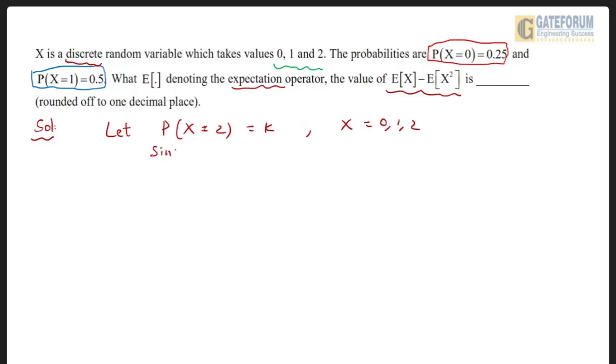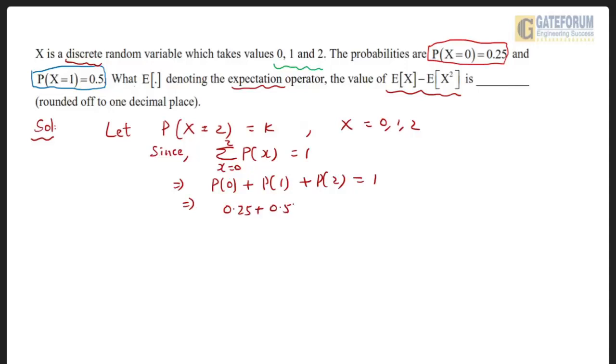Since summation of P of x, because for a discrete random variable our notation is sum of all; in a continuous random variable we have to integrate, is equal to 1, taken over all x values, x equal to 0 to 2, which implies P of 0 plus P of 1 plus P of 2 is equal to 1. So 0.25 plus 0.5 plus k is equal to 1. So 1 minus 0.75, k is equal to 0.25.